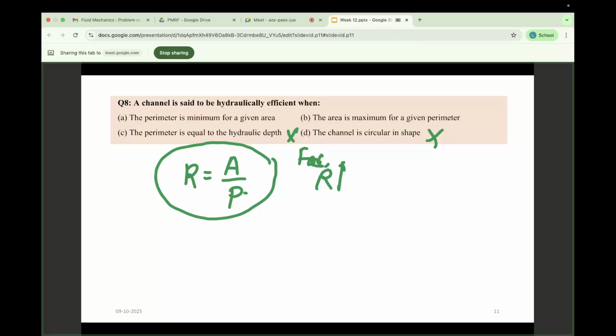Which will be the answer? If the perimeter is minimum for a given area, that will be the answer.